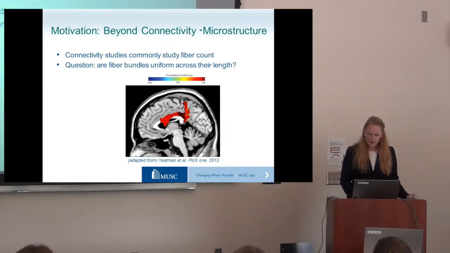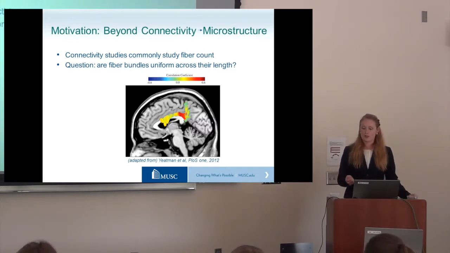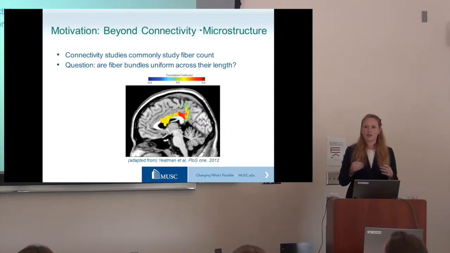You can see how the correlation coefficient changes over the length of the tract, and there's clearly an area right over here that seems to have much more to do with reading than any of these other regions. This might have to do with different types of fiber bundles entering or leaving. Maybe the microstructure is not uniform along the entire length of the tract, or maybe the way we measure bundles is not necessarily one bundle.